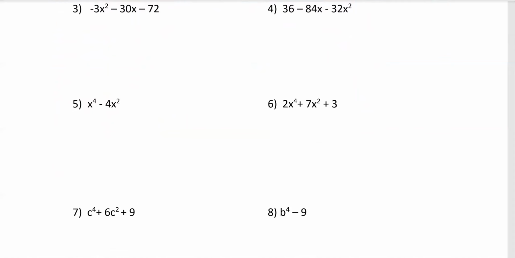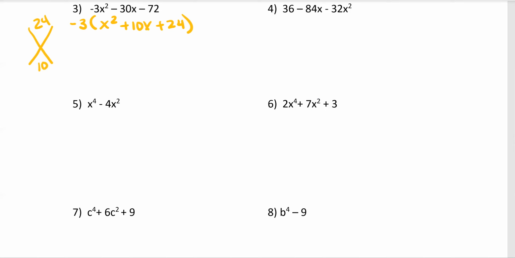Number 3, the leading coefficient is negative and it has a greatest common factor. So it has a greatest common factor of negative 3. And now I need the factors of 24 that add to 10.